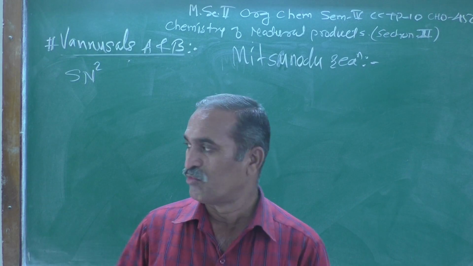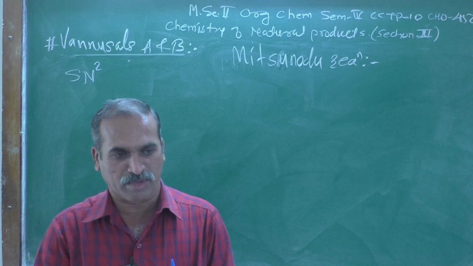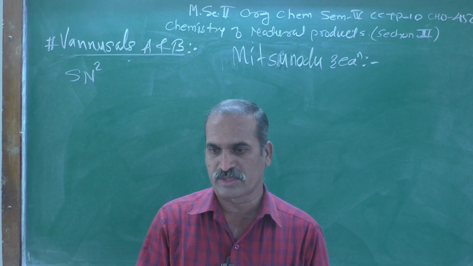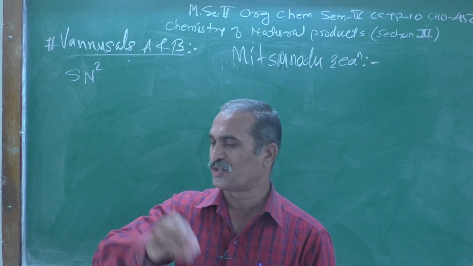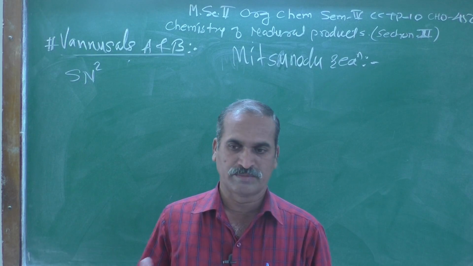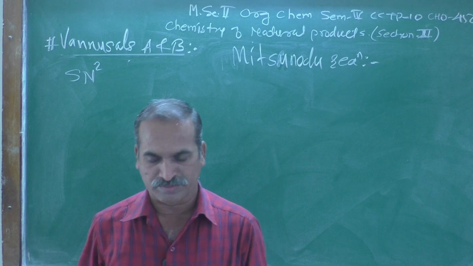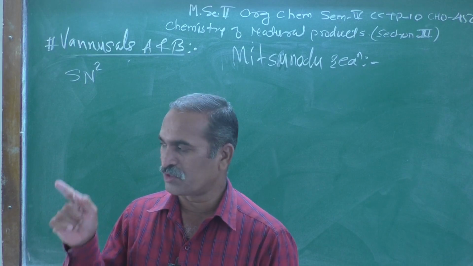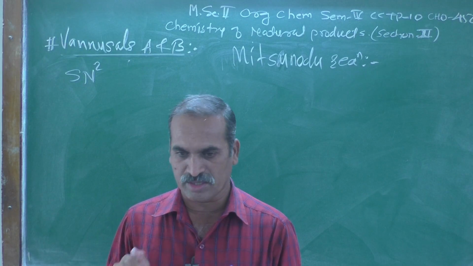SN2 inversion means if you have a starting material with a chiral center which has R configuration, then after the addition of a suitable nucleophile, the resulting compound we always get with inversion of configuration, meaning there will be an S configuration.